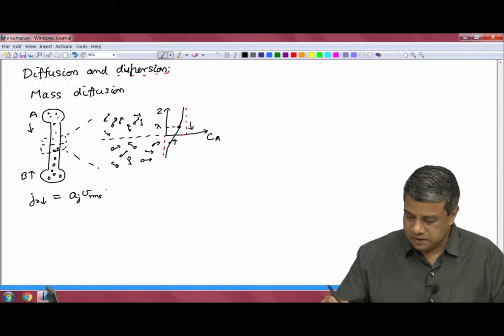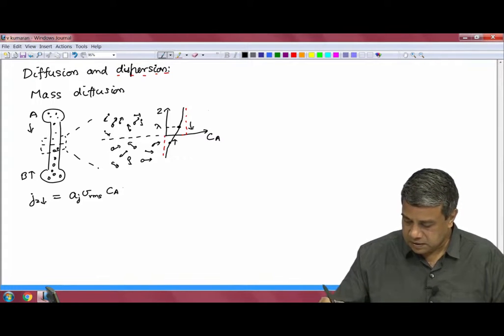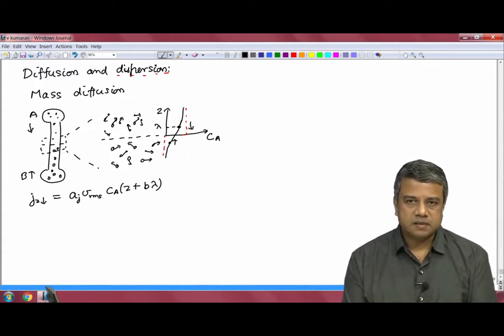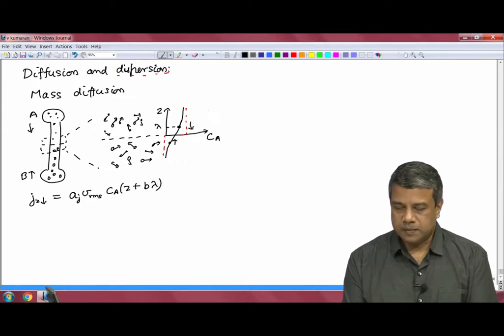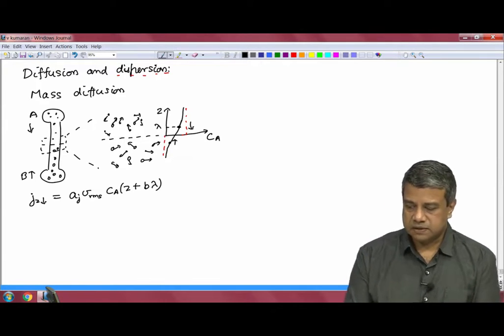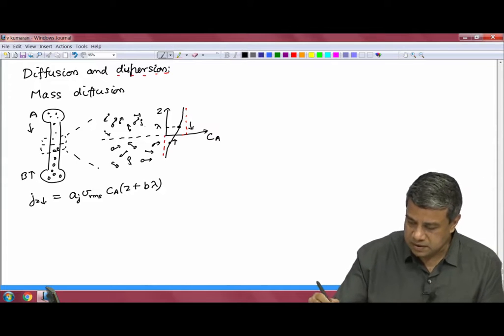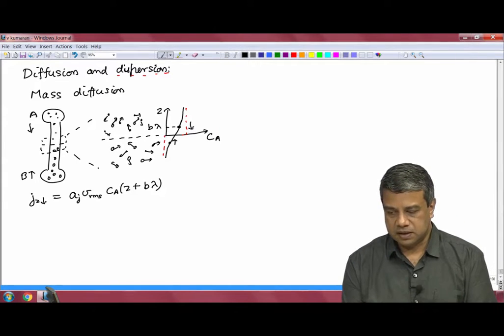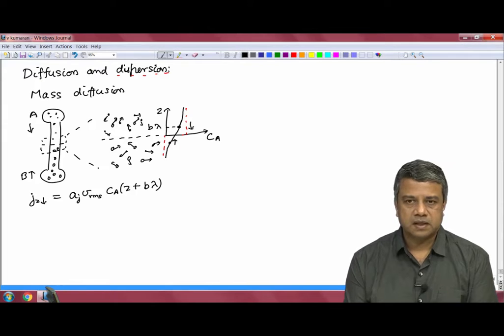This times the value of the concentration not at the location z, but at some location z plus b lambda, where lambda is the mean free path and b lambda is the average location of the molecules that are crossing from above to below.